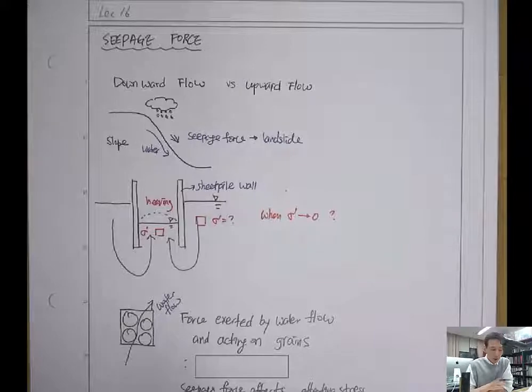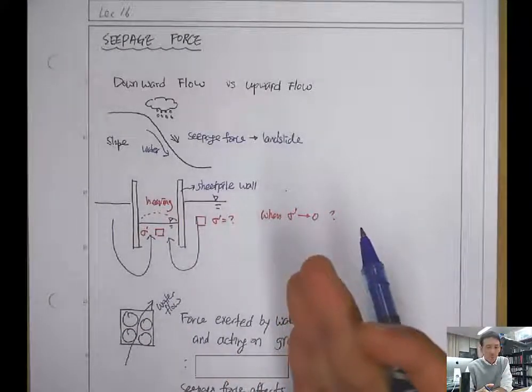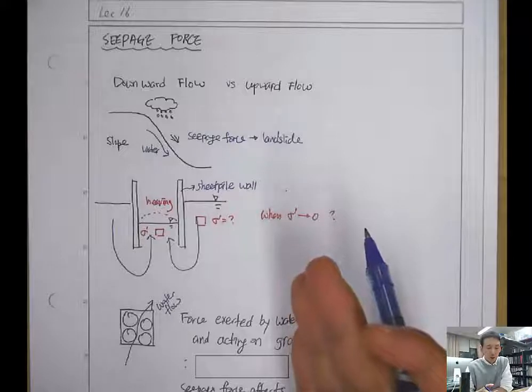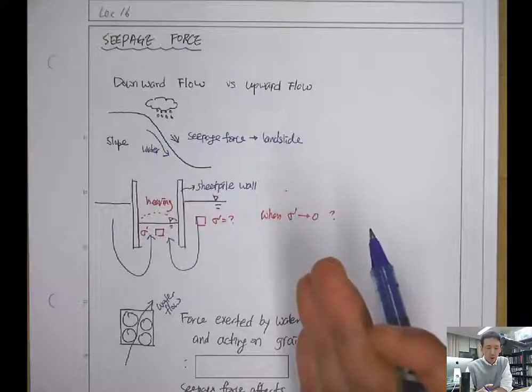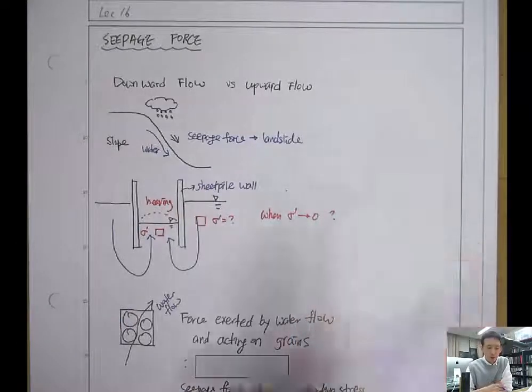So today, from there, when you have a water flow like that in the steady state, what will be the change in pore pressure, and therefore what will be the change in effective stress?